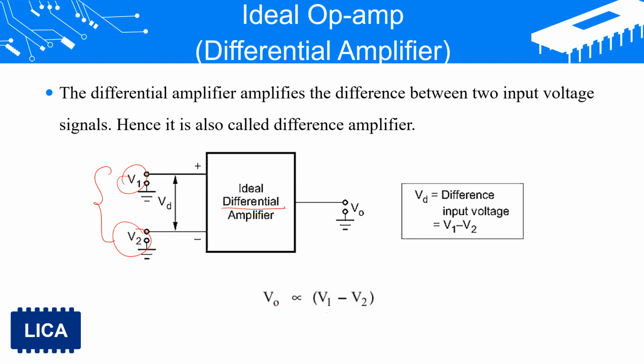So the output voltage V0 is directly proportional to V1 minus V2. We generally term V1 minus V2 as the difference voltage. V0 is directly proportional to V1 minus V2, and we can replace V1 minus V2 with Vd, since it is a difference voltage.